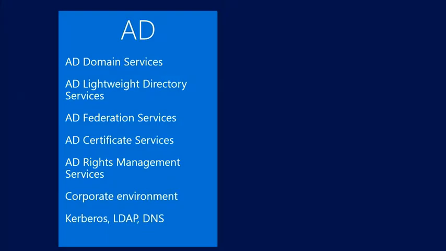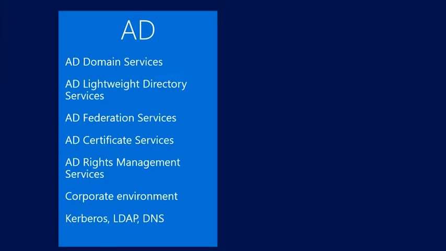So we all know Active Directory. It's been around for 15 years. It's used by 88% of Fortune 500 companies, 92% of corporations that use Microsoft technology. Domain services manages your network, allows you to manage computers, servers, printers. Lightweight directory services allows you to manage a simpler subset, mainly applications.